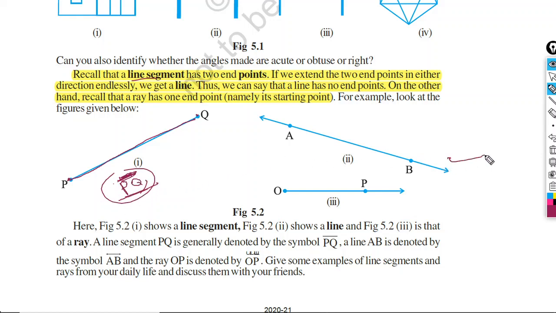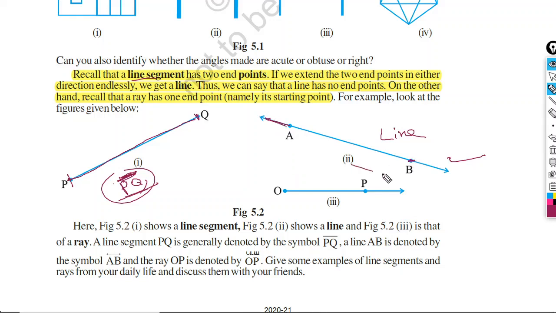Here again we come to line. In a line segment, you saw that there are two endpoints. That means it is not moving either way, and it has endpoints. But here you can see AB is a line. This is a line, and it has no endpoint. A is not the endpoint; it is extending beyond A. Similarly, B is also not an endpoint.